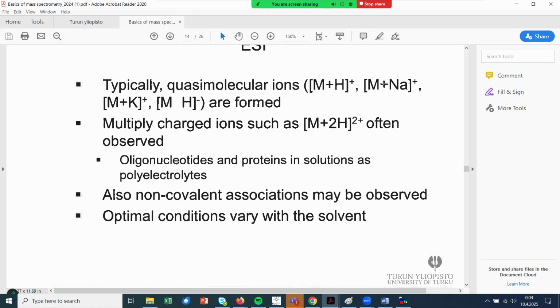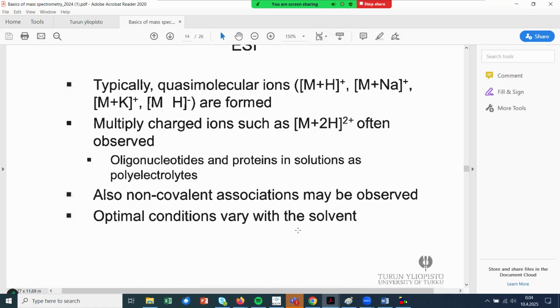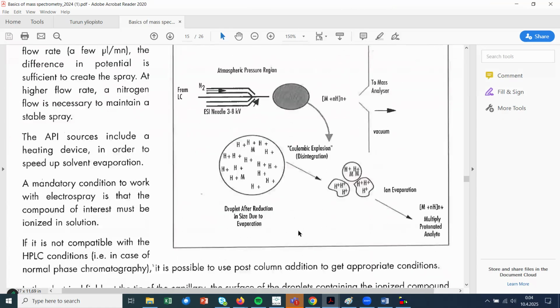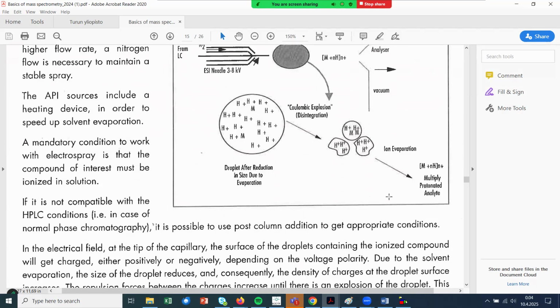And quite often in the mass spectra, we also can see these type of quasimolecular ions or adduct ions when sodium or potassium are added there. Okay, you can find a lot more detailed information of this ionization process in here.